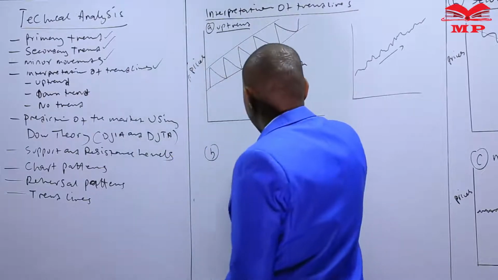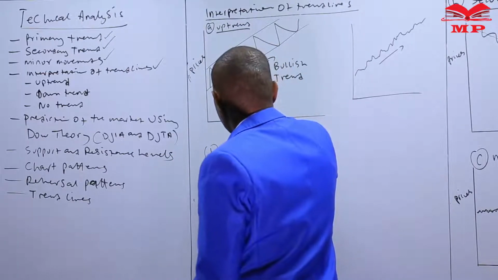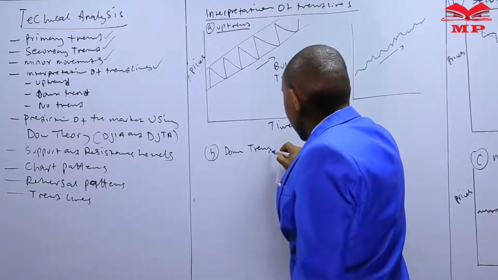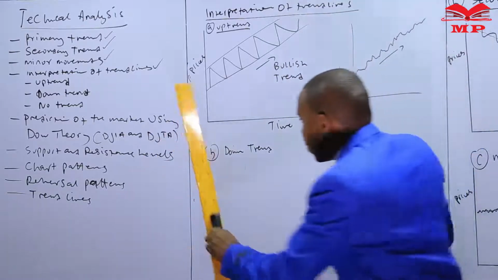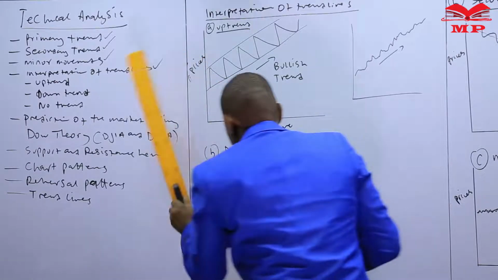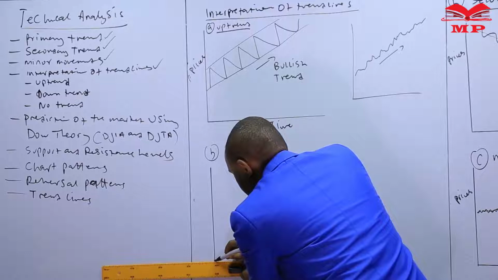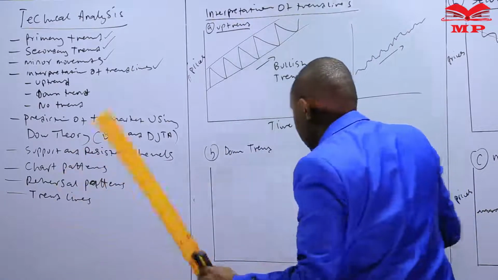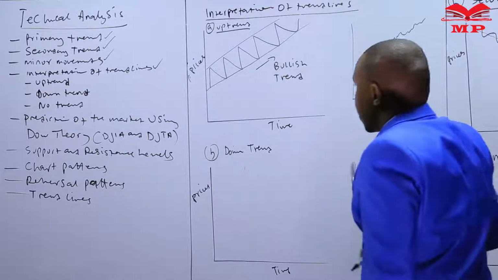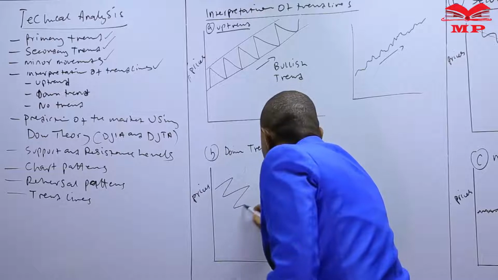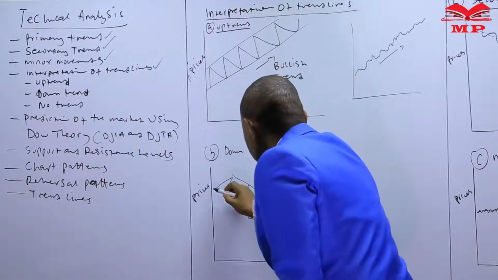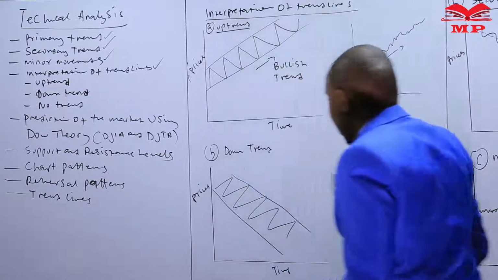B, we have downtrend, and we draw a downtrend like so. This is prices, this is time. So a downtrend moves the opposite, and then we can probably draw what we can call a channel like that.